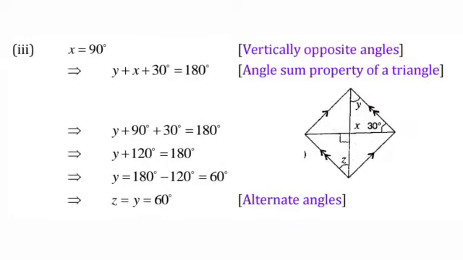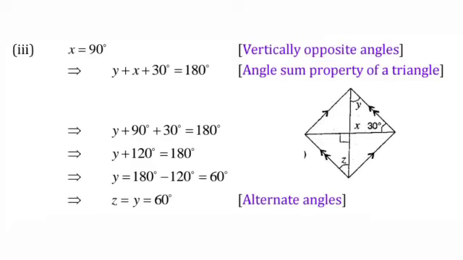In the third figure, they have given a rhombus. So rhombus diagonals will meet at 90 degrees. Therefore, look at the first triangle: here they have given angle x and angle y and 30 degrees. Because two diagonals will meet at 90 degrees, angle x equal to 90 degrees.